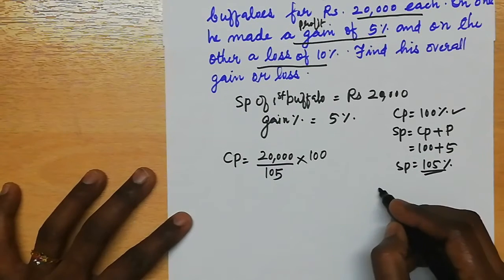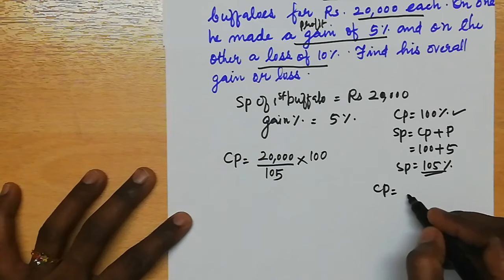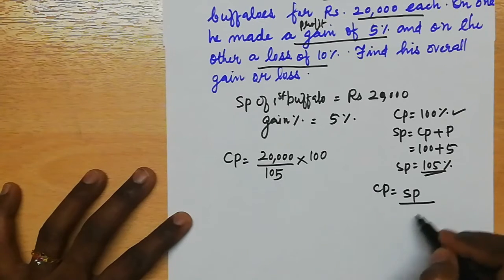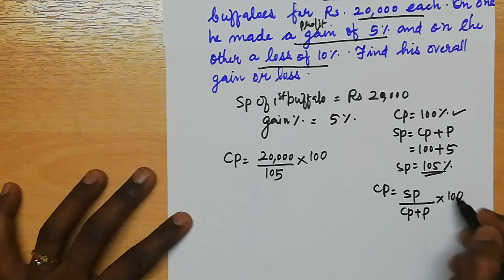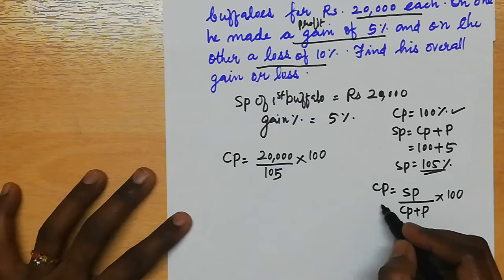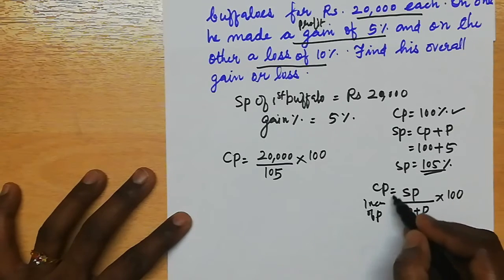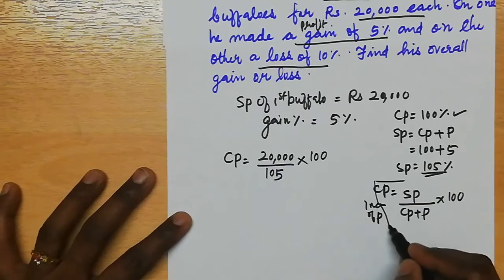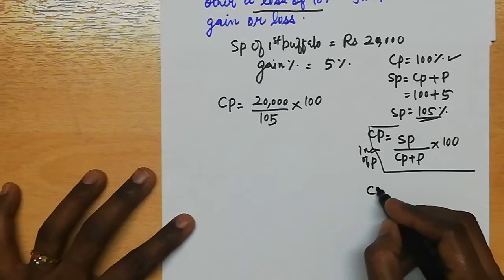Cost price can be found in the case of profit as selling price divided by 100 plus profit, into 100. In case of profit, we will use this equation. But in the case of loss, what will we write?